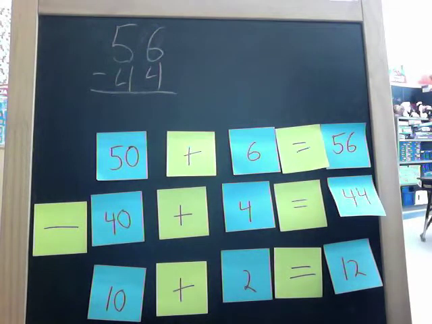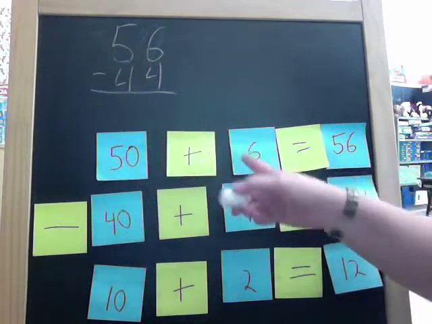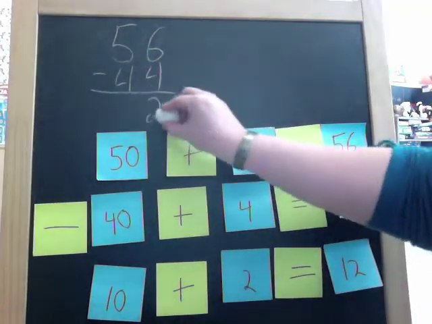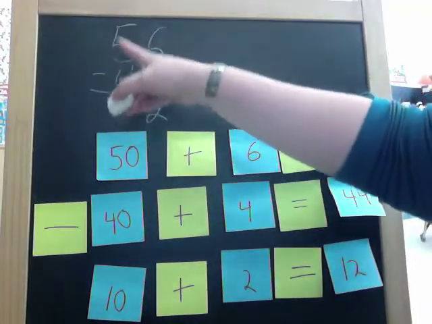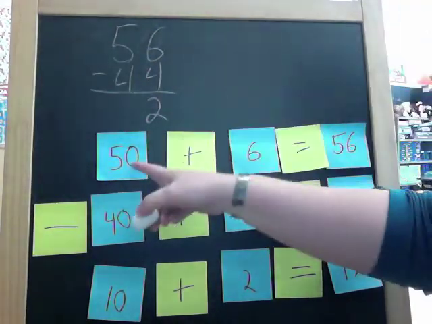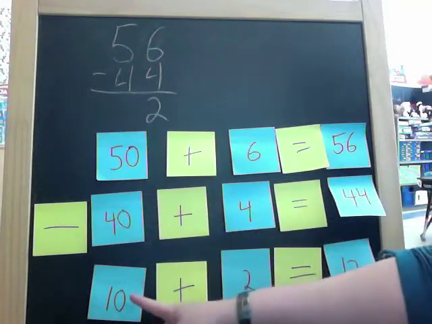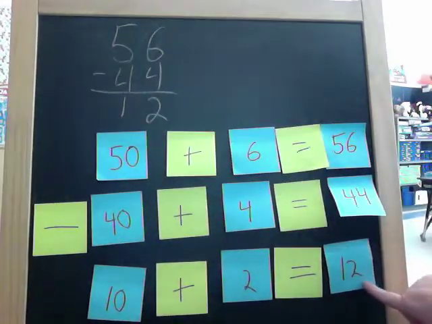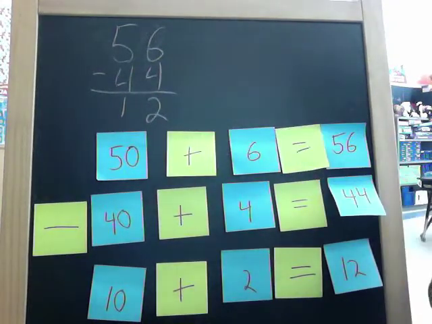We're basically doing the same thing. We're just not breaking it down into tens and ones. So we did 6 minus 4 equals 2. And we think of this as 50 minus 40 because it's in the tens column. Here we actually broke it out. 50 minus 40 equals 10, or a 1 in the tens column. And our answer is still 12.